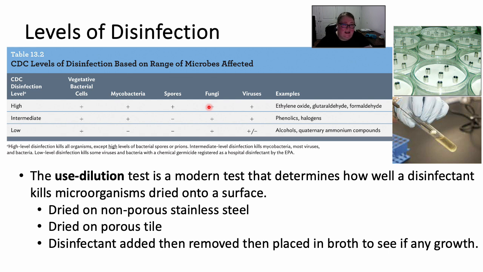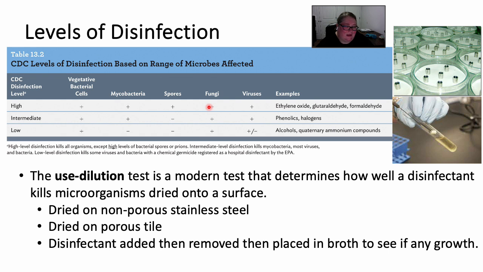Okay, these are going to be things like ethylene oxide, formaldehyde. But the problem with things that are high levels of disinfection, classified by the CDC, a lot of these are toxic. So they're only used in certain conditions and with a lot of safety measures involved.